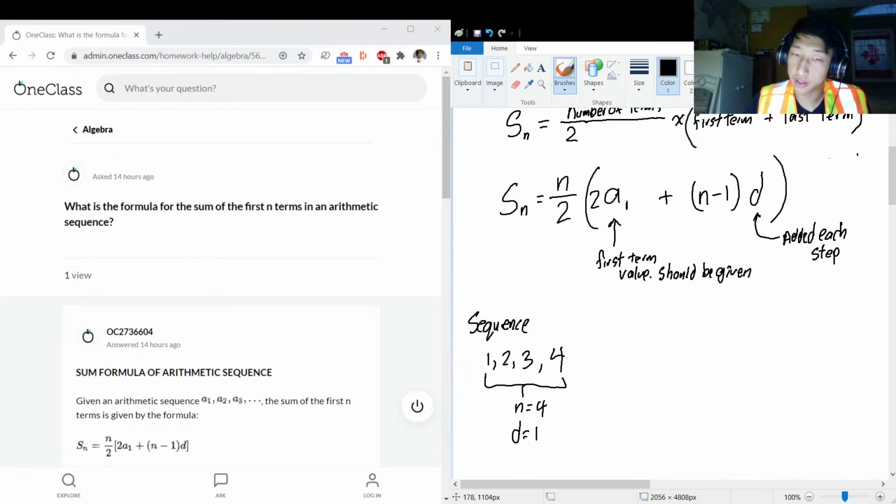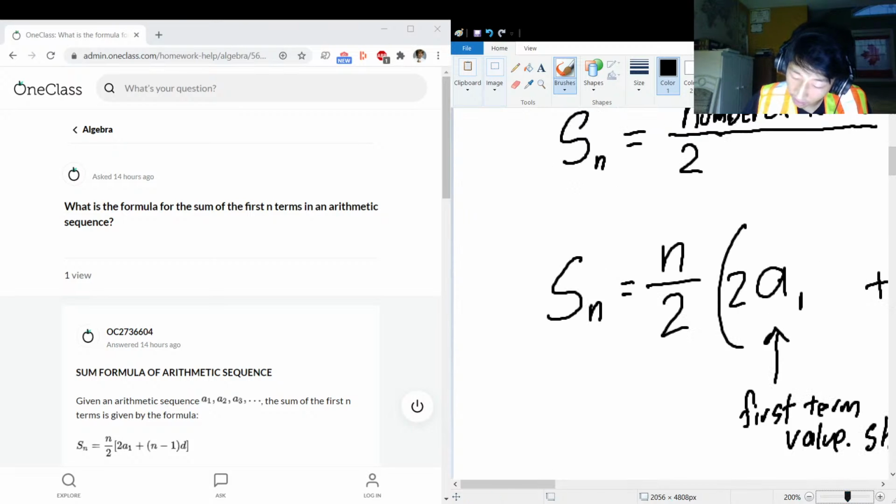We're adding 1 to get to the next term. We're expecting our sum, our S_n, to be 1 plus 2 plus 3 plus 4. That's good. We're going to expect 10. And our A1, our first term, is 1. Sounds about right.